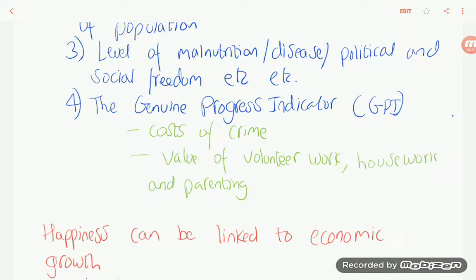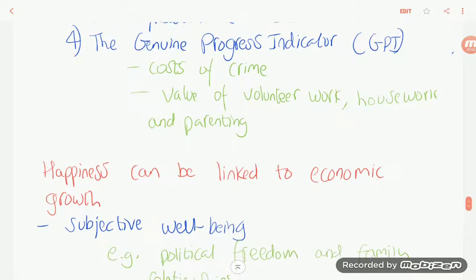The negatives of growth are subtracted from the positives. The GPI also tries to get a fuller picture of people's quality of life by measuring, for example, the costs of crime and the value of volunteer work, housework and parenting.